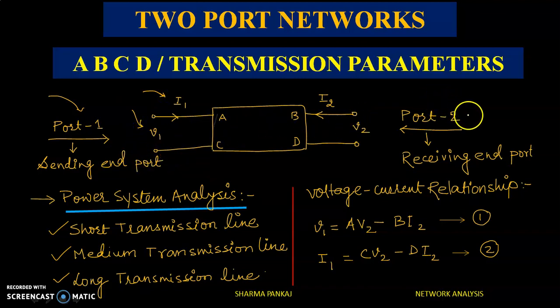This is the receiving end port. The port number 2 is specifically termed here as the receiving end port, and at this port we have the parameters I2 and voltage V2. This is your voltage current relationship.